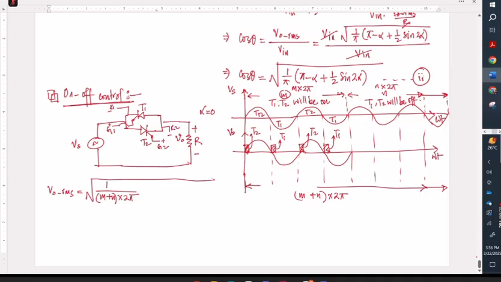Multiplied by M multiplied by 2 pi. Okay. Now tell me, if we consider only one cycle, so that should be your 2 pi, right? So here it should be M multiplied by 2 pi. So that area, we are taking it from here to here, right?